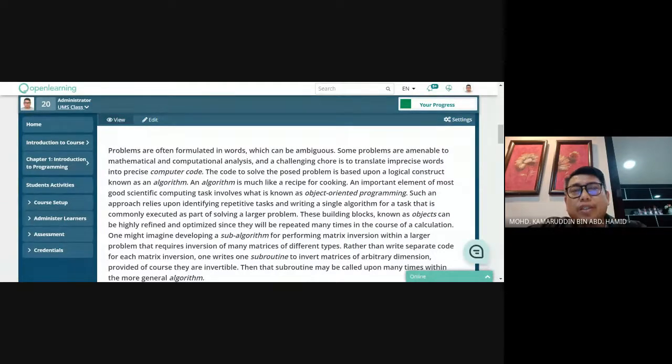You know that now is musim tengkujuh. And di Penampang, you know that kalau musim tengkujuh saja di Penampang akan banjir. Dan bila banjir, banyak harta benda akan rosak. Okay, that is what you know. That is the K. So what you need to know? What you need to know about musim tengkujuh?